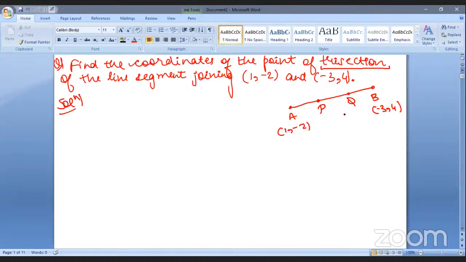I don't know if it's true or not. No, it's not incorrect. Definitely we can use it.